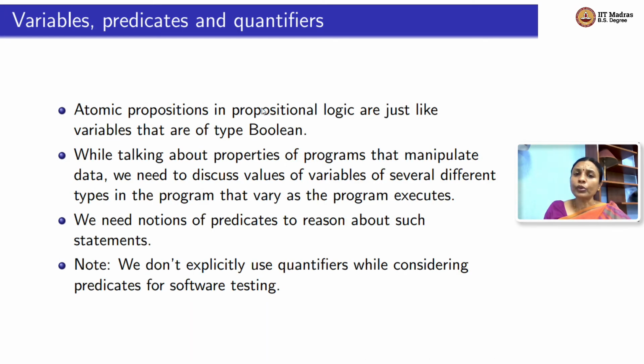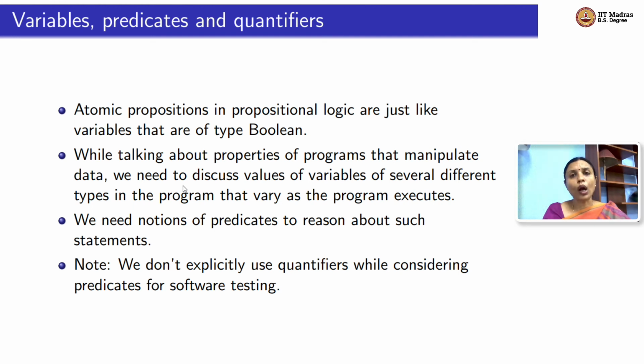So, atomic propositions in propositional logic can be compared to variables that are of type Boolean in programming. That's natural. While talking about properties of programs that manipulate data, we not only look at Boolean variables, we look at a whole set of other variables, and we discuss values of variables that come as the program executes.